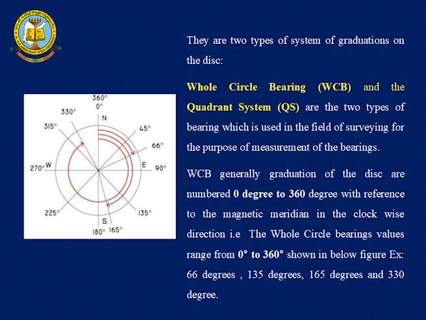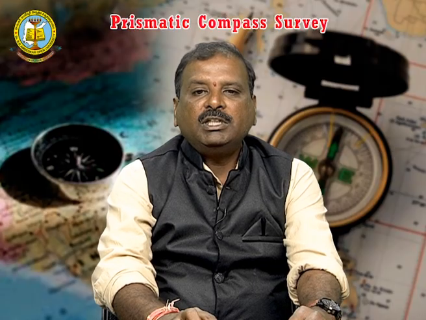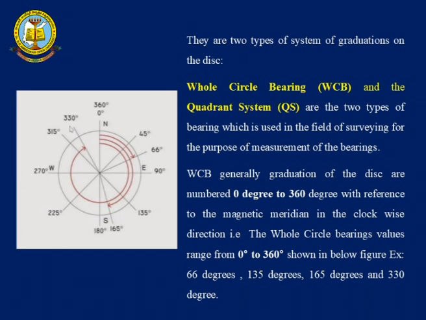The values range from 0 to 360 degrees, as shown in the figure. For example, you can see here 66 degrees, measured clockwise, and then another one is 135 degrees, and another one is 330 degrees.